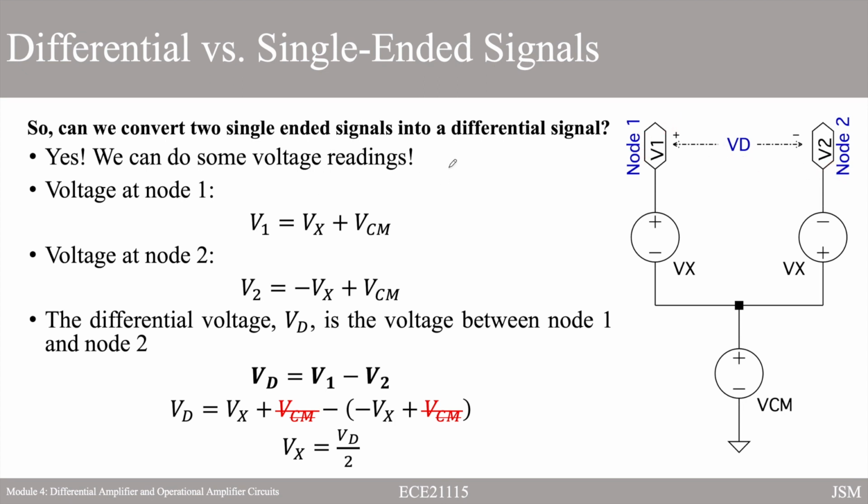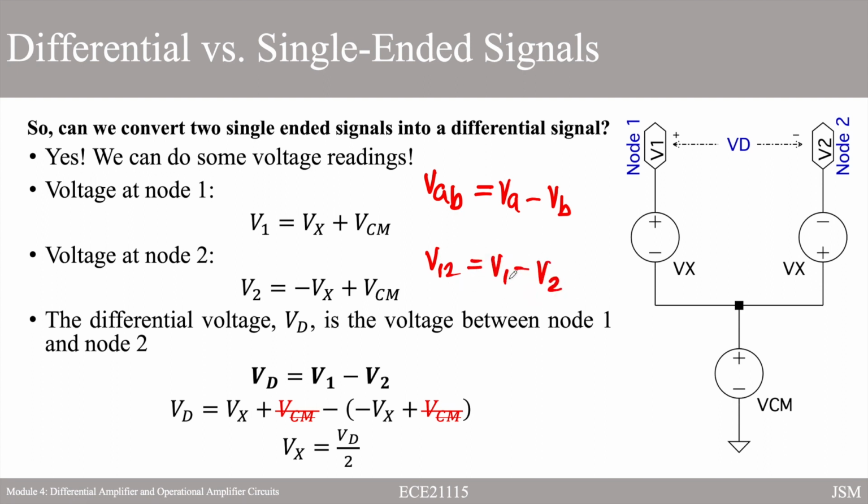So kung natatandaan natin, for example, we have reading na VAB. So it is equivalent to VA minus VB, di ba? And what is this VA and VB? So these are the measurement with respect to ground. Okay? So therefore, VD is equivalent to V12, di ba? Because we are measuring the voltage between nodes 1 and 2. So, ibig sabihin, we can represent it as V1 minus V2.